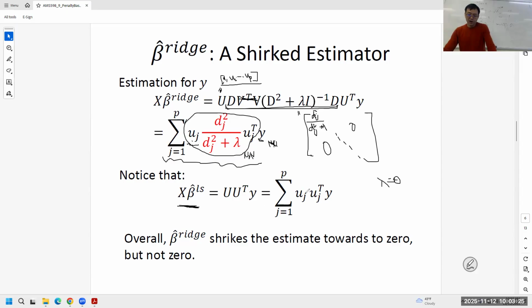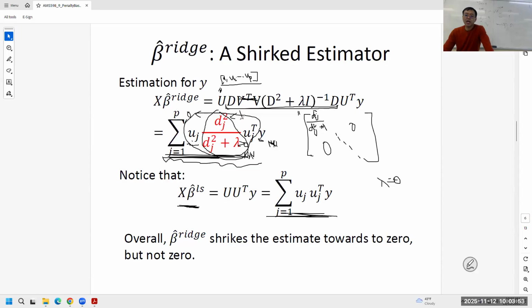Now if you compare the ridge estimation versus the ordinary least squares estimation, you can see it actually shrinks every component. Every component is made smaller, right? Because lambda is bigger than 0, the term right here is bigger than 0 and less than 1, because they are all positive.